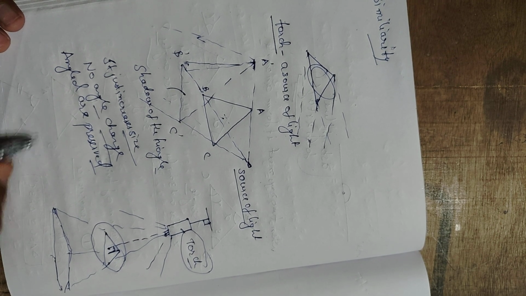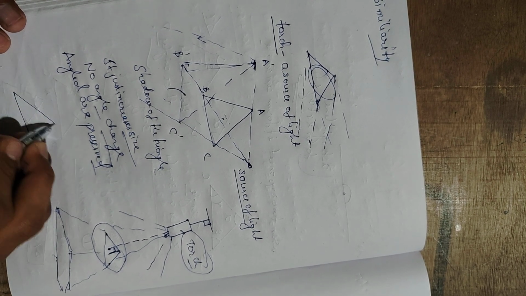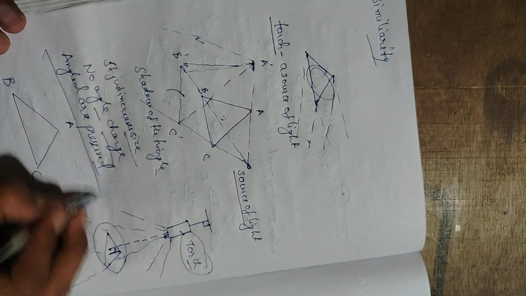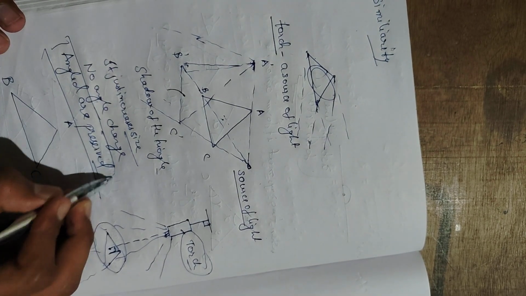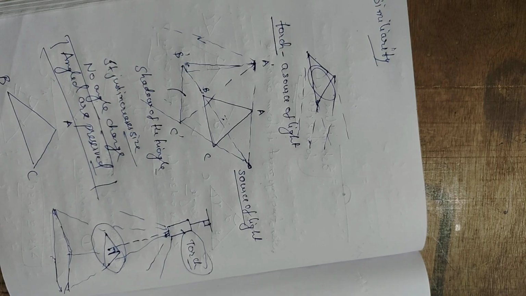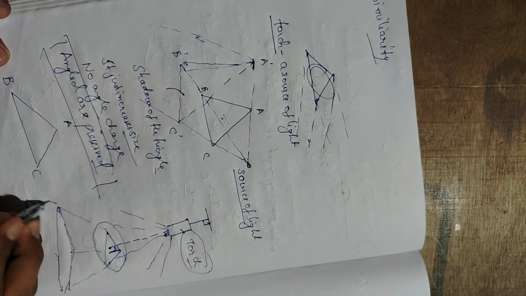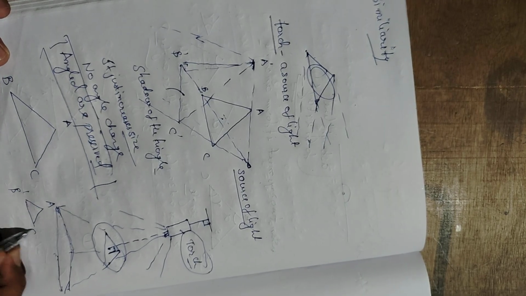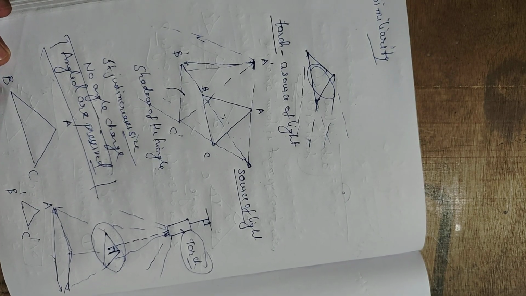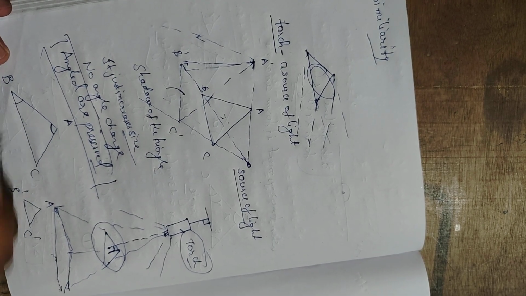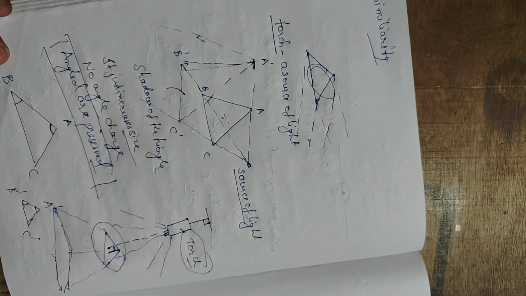So if I have two triangles, that's our property to determine two similar triangles. Let's say ABC is a triangle and there is another triangle A dash B dash C dash. These two are similar if the angles are equal.